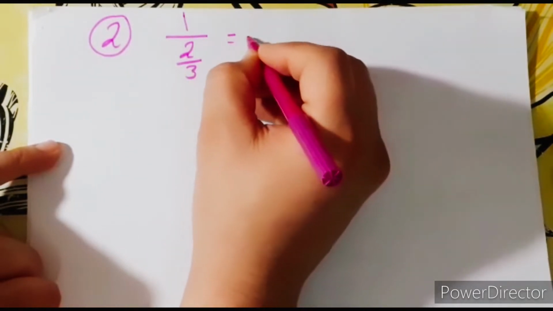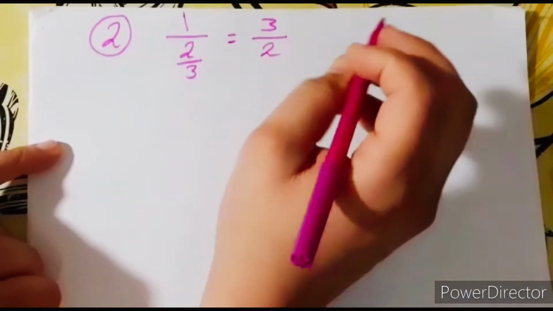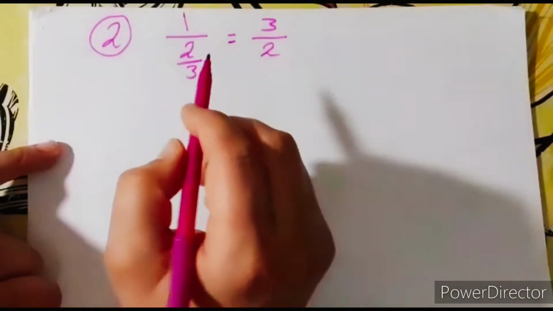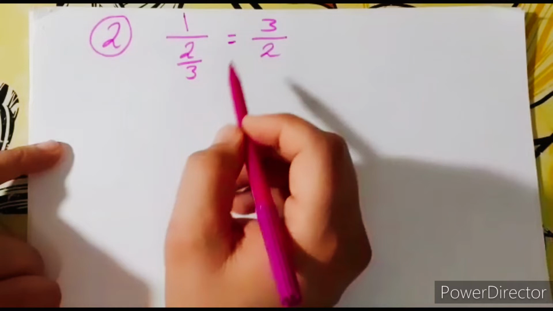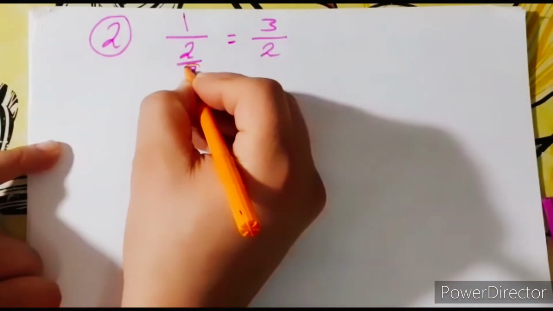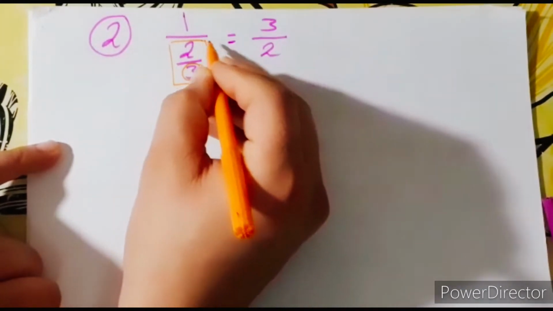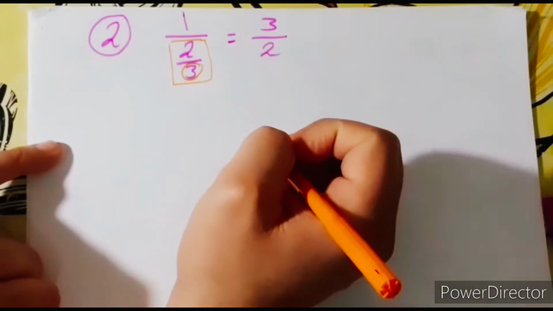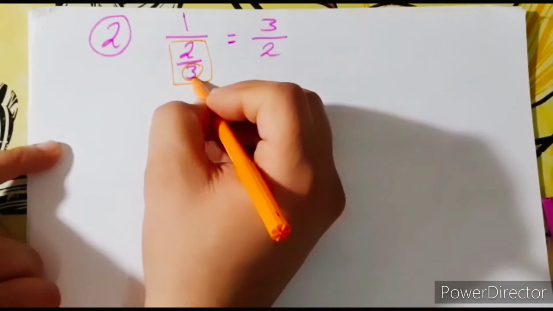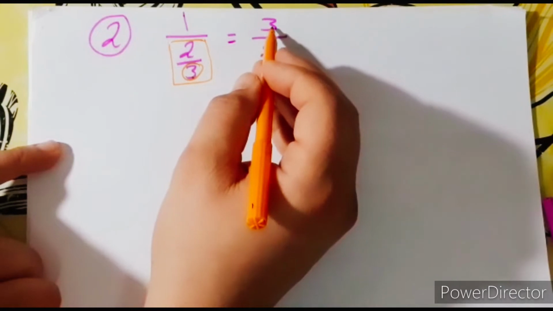So this fraction is equal to 3 over 2. Why? Because this rule says that the denominator of the denominator is the numerator.